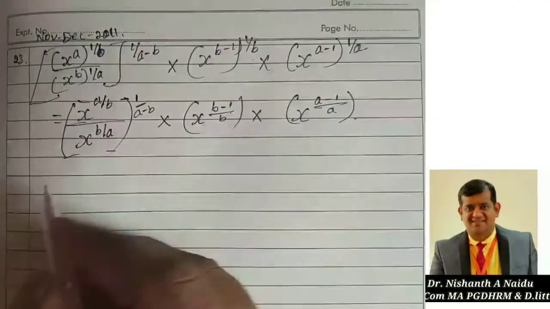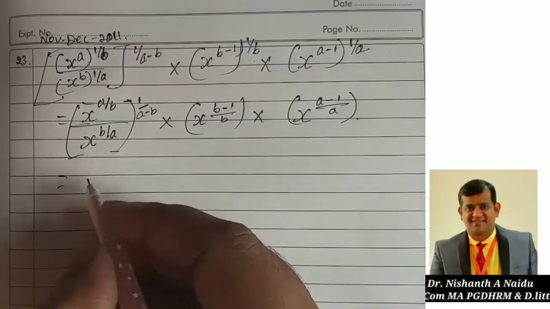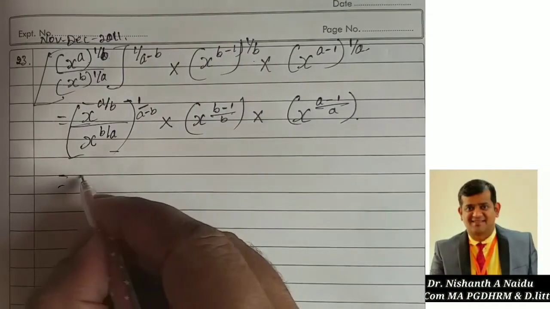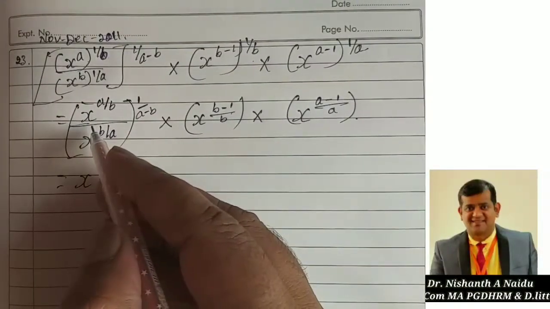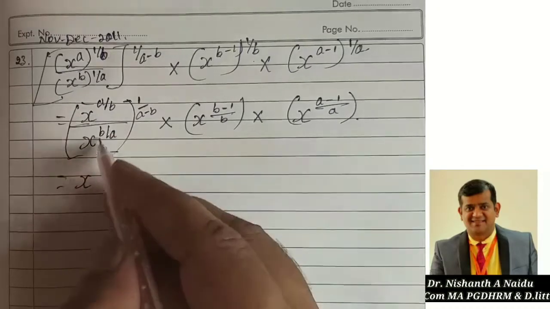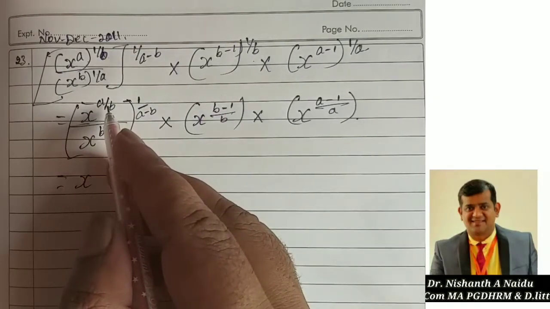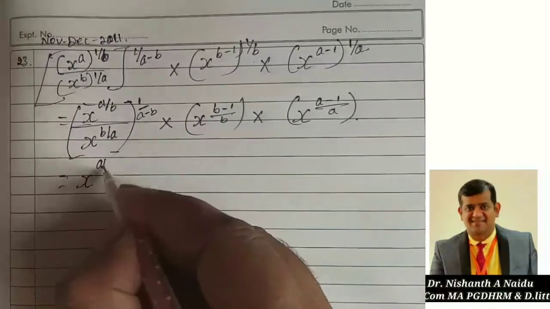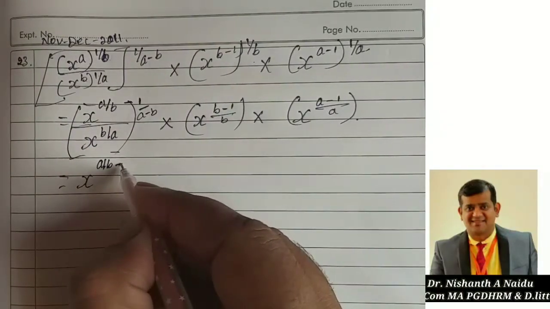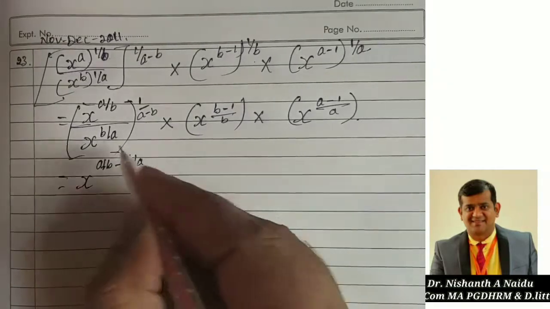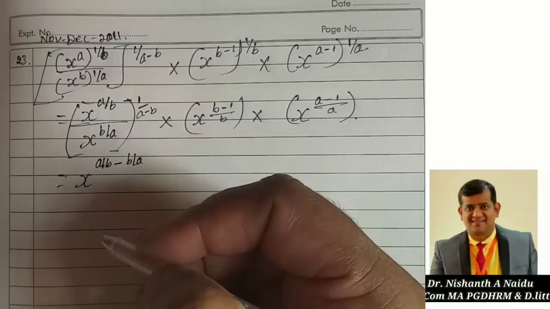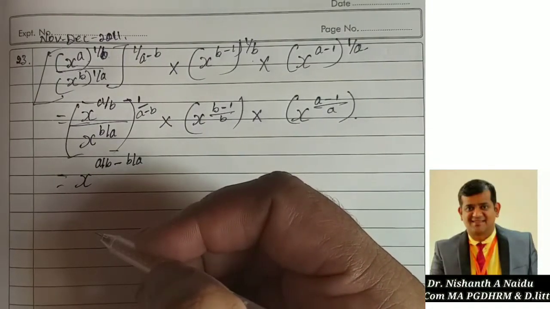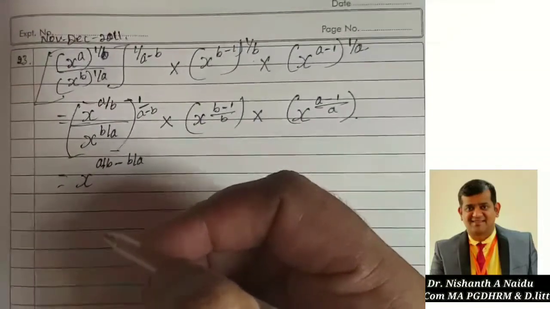No, right? Fine. So next, in the next step, the law which we can apply here: the bases are the same, so x is there. So now what we have to do, powers can be subtracted. A divided by b minus b divided by a.